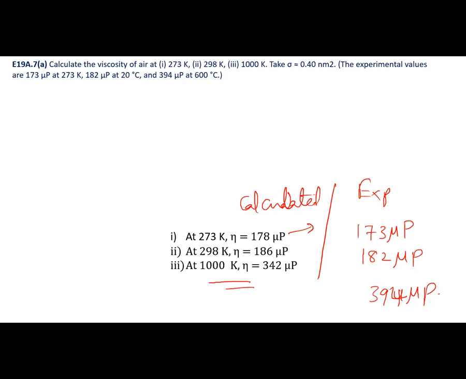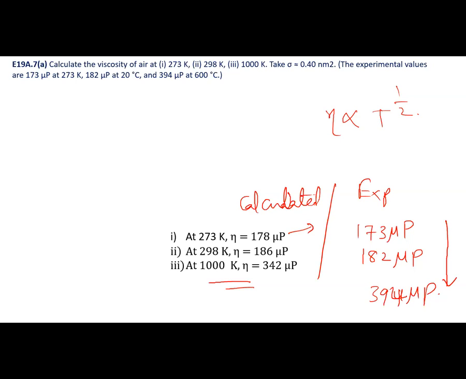So it seems like when we increase the temperature, the coefficient of viscosity has to increase because it has a direct dependence on T to the power half. So as we increase the temperature, the viscosity is increasing.